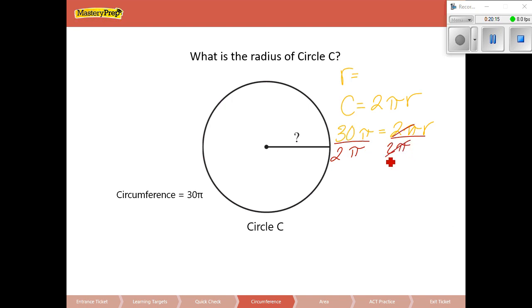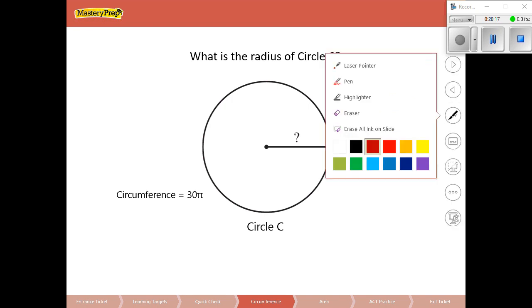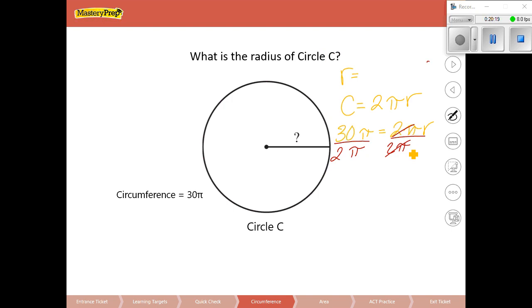Because here the 2 pi and 2 pi will cancel, leaving us with just r. Here pi over pi cancels, leaving us 30 divided by 2, which is 15.